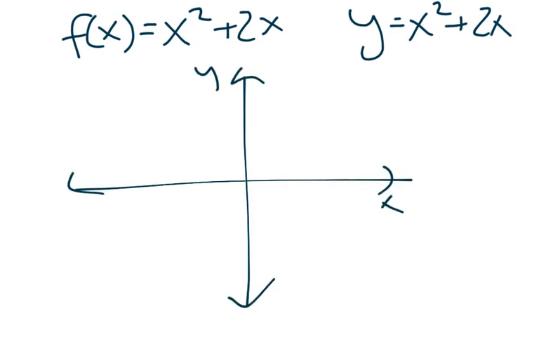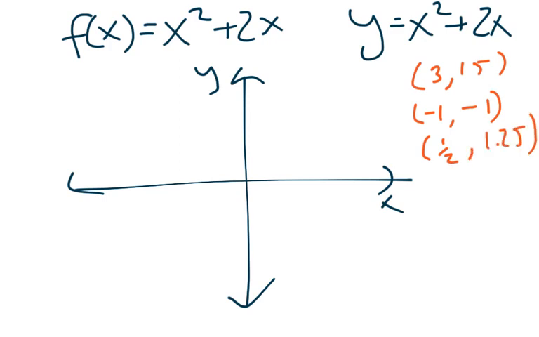What we have successfully done here is found a bunch of ordered pairs. If I go back to that first problem, when we plugged in a 3, we got 15. When we plugged in a -1, we got -1. When we plugged in the 1/2, we got 1.25. And then when we plug in a 10, we get a 120.